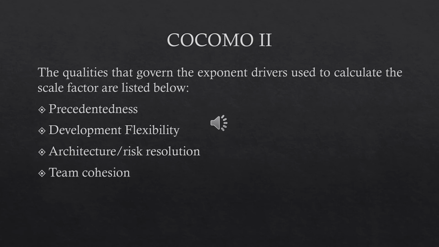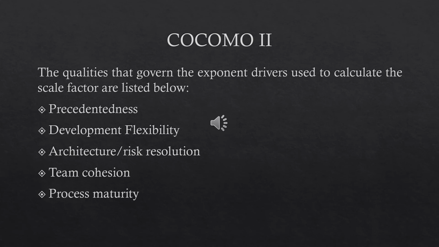The fourth quality factor, team cohesion, reflects the degree to which there is a large dispersed team, as opposed to a small, tightly coupled team. The large dispersed team perhaps may be in several countries.